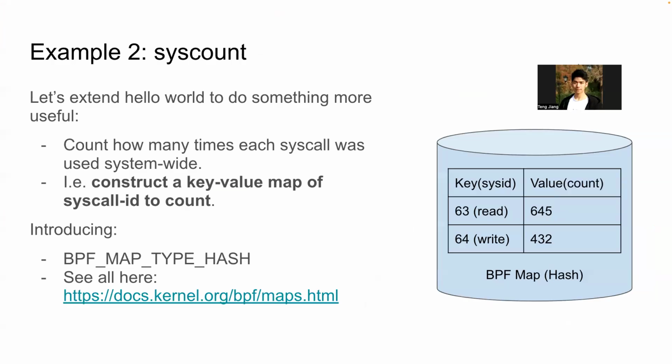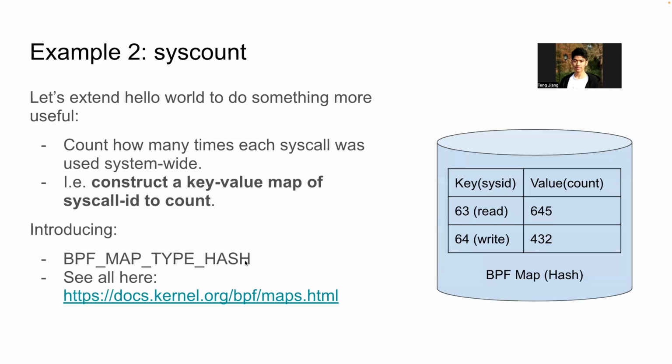So the system call count is an example for us to actually dive deep into the map, which is the most commonly used thing. In this task, we're going to count how many times each system call is used. You can imagine the very easy case: the key is the system call ID, and we want to count over a period of time, for example 1 second, 2 seconds, 5 seconds. So this is the code.